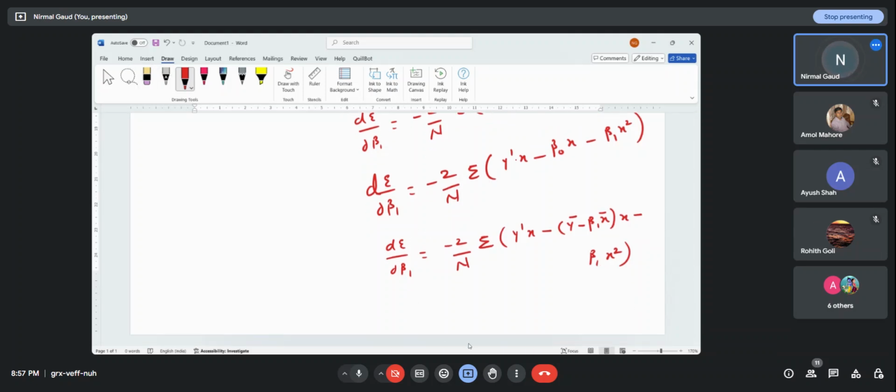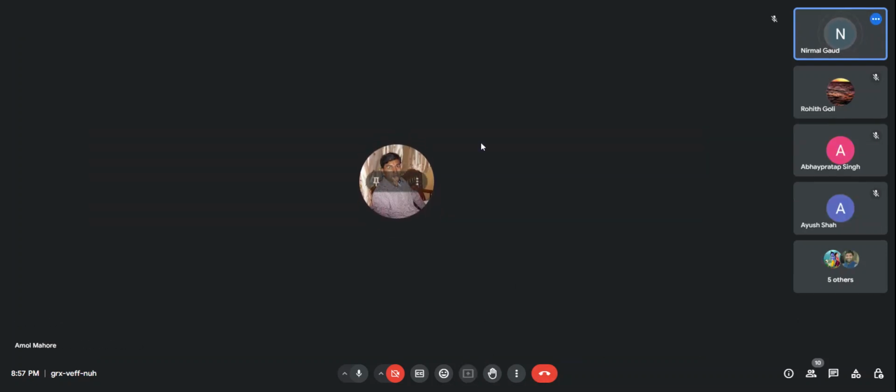Now let me share my entire screen, and I have to use other pages to solve this equation. Okay, so here it is.